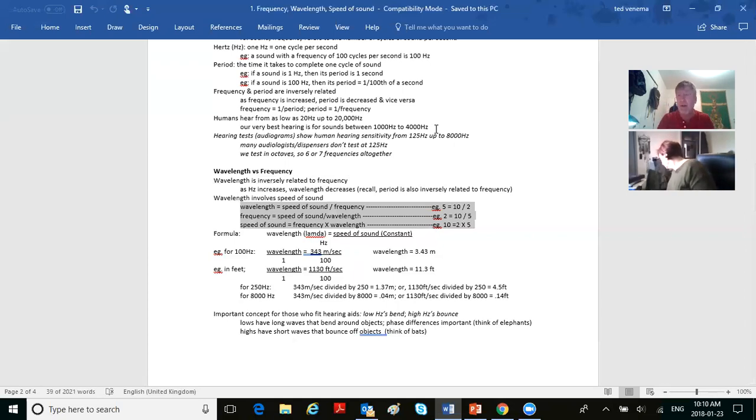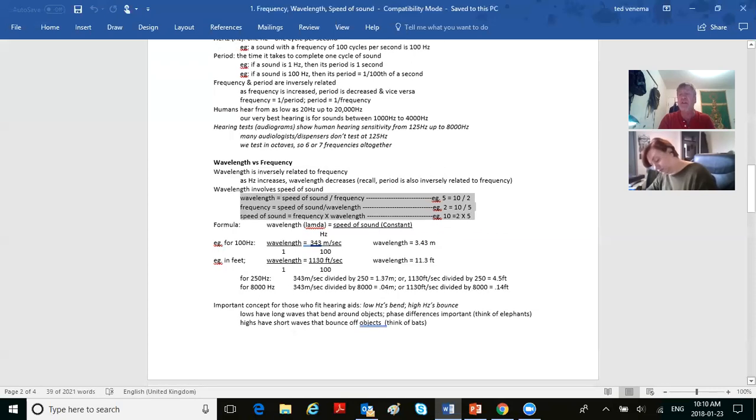And it's actually not that difficult as long as you memorize the formulas. Period is 1 over frequency. Frequency is 1 over period. Speed of sound and wavelength and frequency are all related as well. Wavelength is speed of sound over frequency. Frequency is speed of sound over wavelength. Speed of sound is frequency times wavelength.